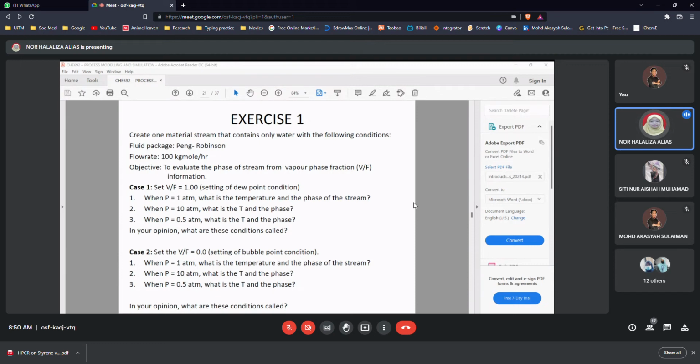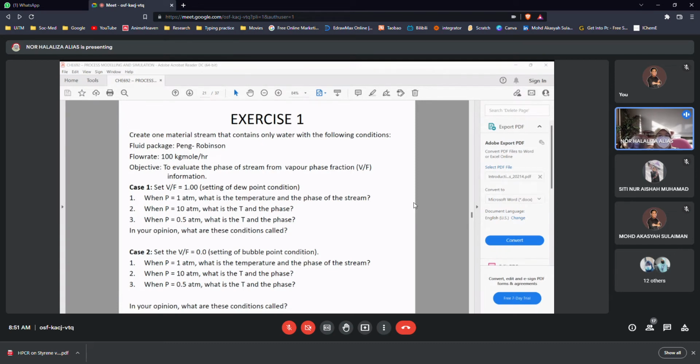From liquid is about to? From liquid to vapor. Can you repeat again? So it is the point actually when the liquid is about to change. Yes, dew point. Okay, good try, Akasha.